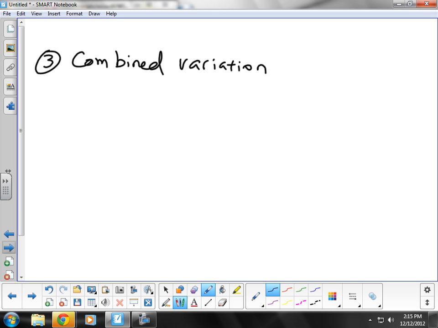A combined variation means that it's got direct and inverse variation in it. Lots of our physics problems use combined variation.